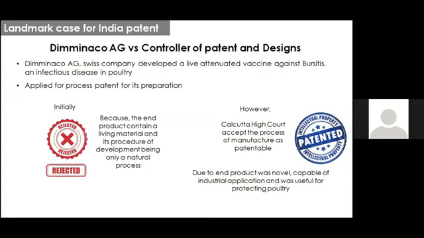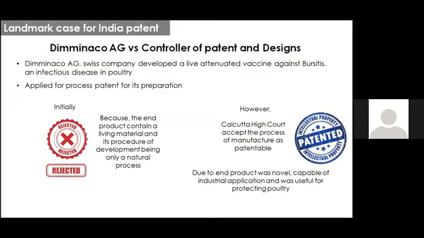Initially, the claim was rejected because, according to the Indian Patent Act, the end product should not be living material. It can be any material, but not living material. And also its procedure of development was only a natural process.